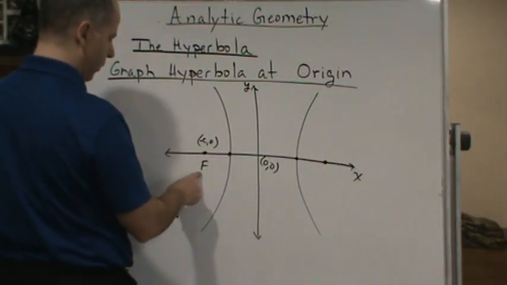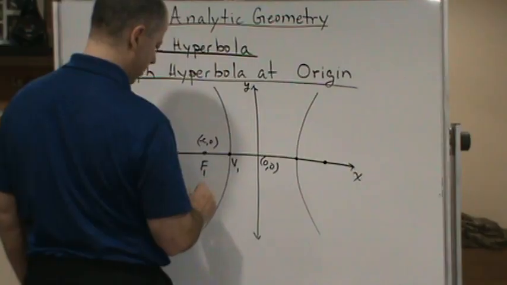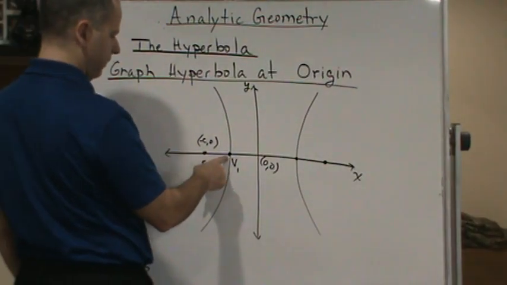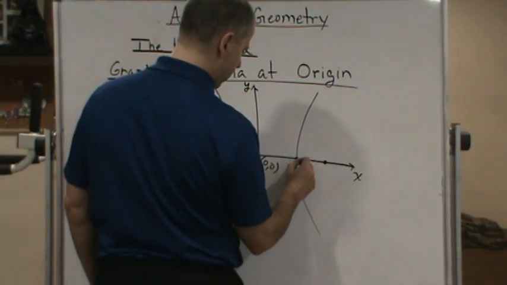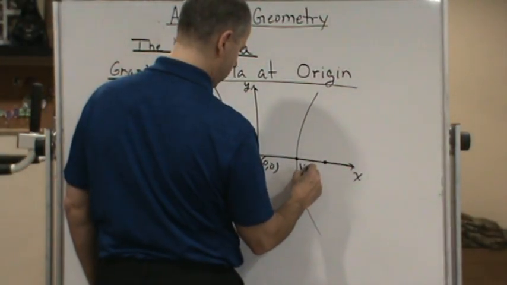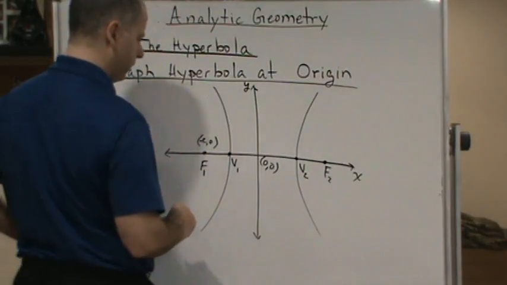So we have a focus here, and we have a vertex here, so this is called the vertex. We'll call it V1. So the vertex is here, okay? And then over here we have another vertex. We'll call that V2, and another focus, F2.